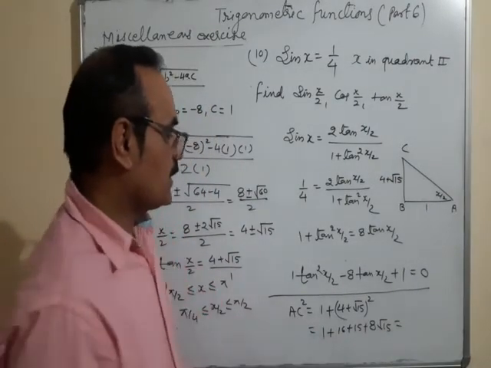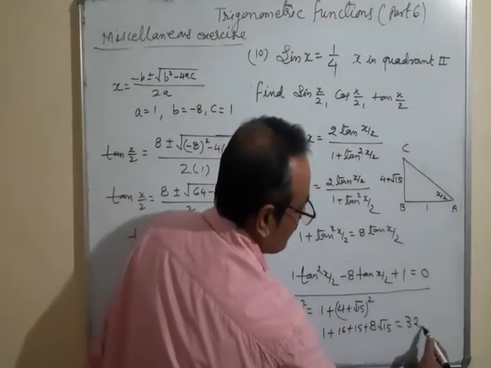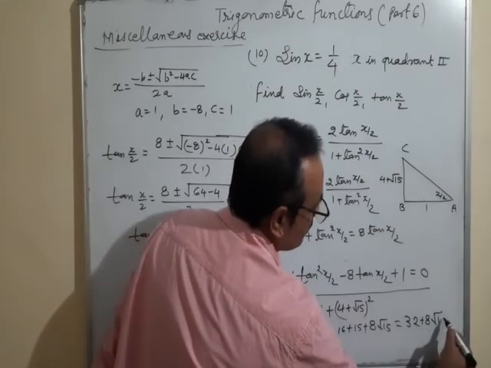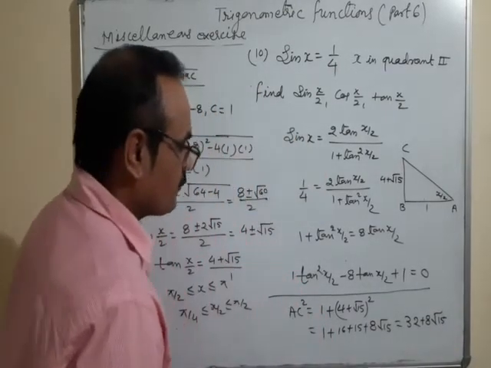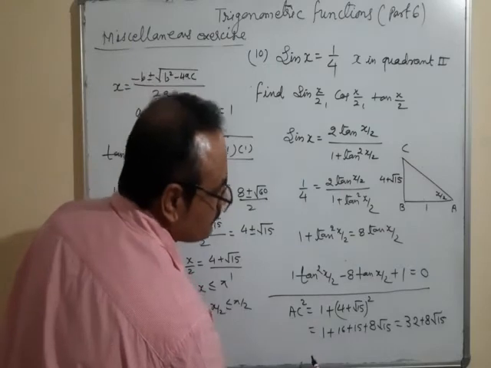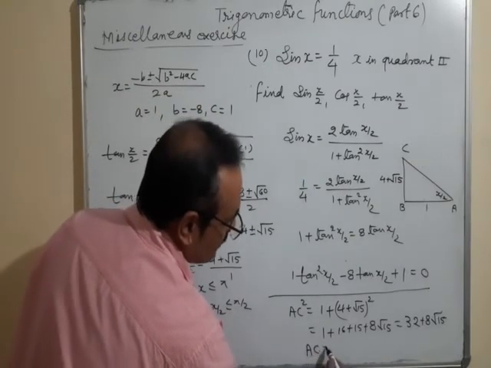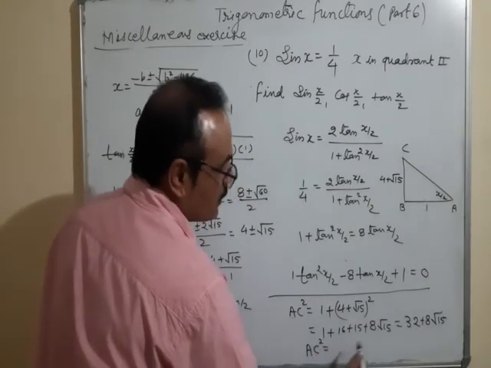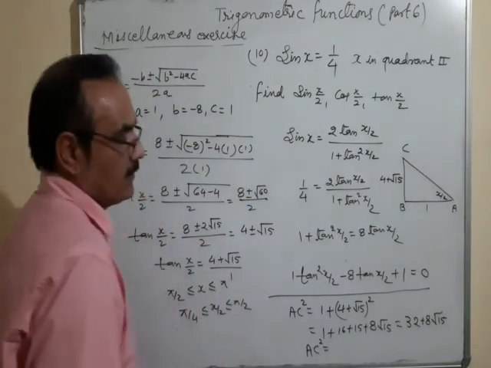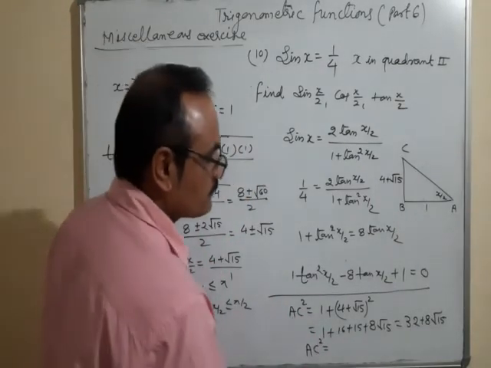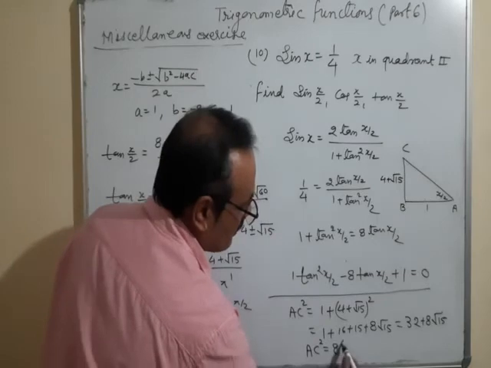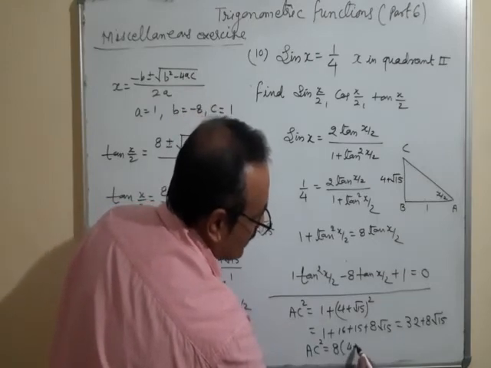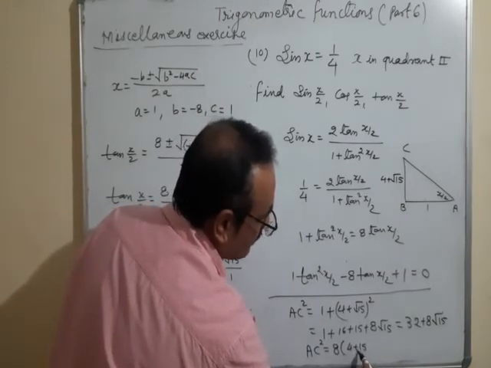So this is 16 plus 16, 32, plus 8 under root 15. Eight fours are 32. AC square is equal to, I'll take 8 common, 8 times 4 plus under root 15.